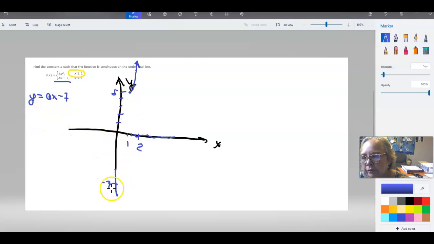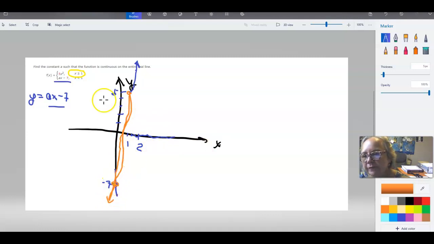That's in slope-intercept form. So this point will be, I will use a different color. And now we need to connect this line for x less than 1 to this other piece. It's a straight line, so we need to connect them.